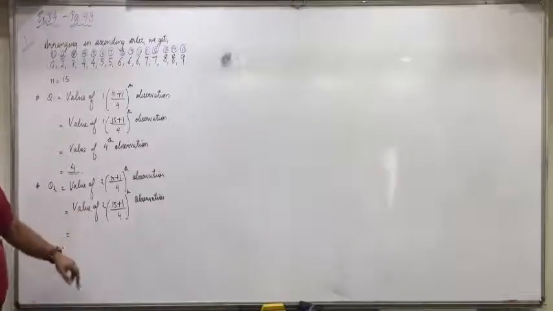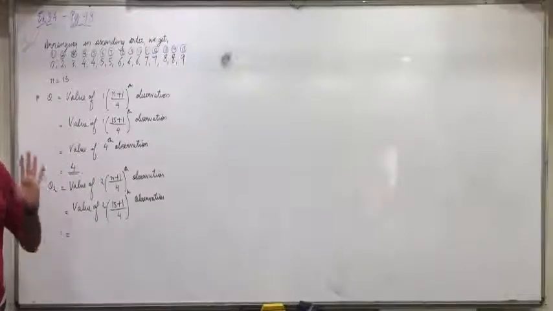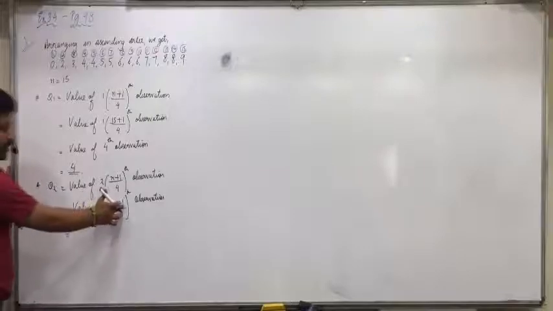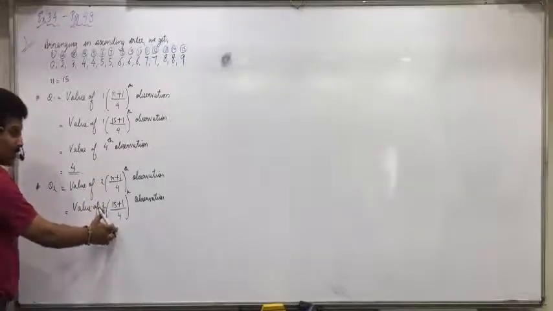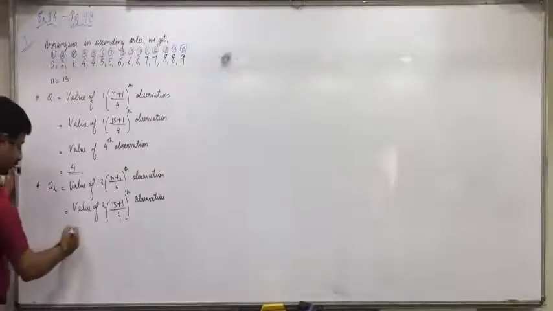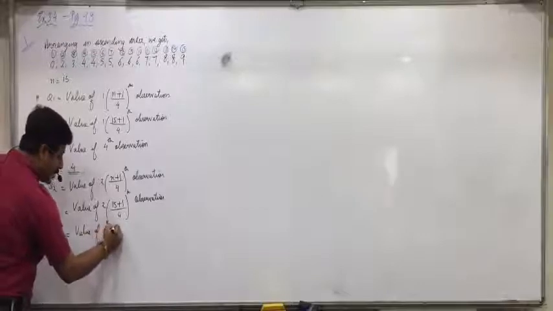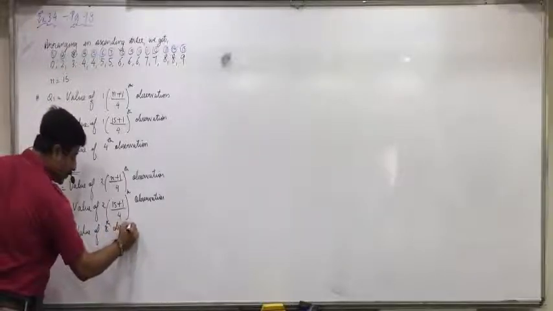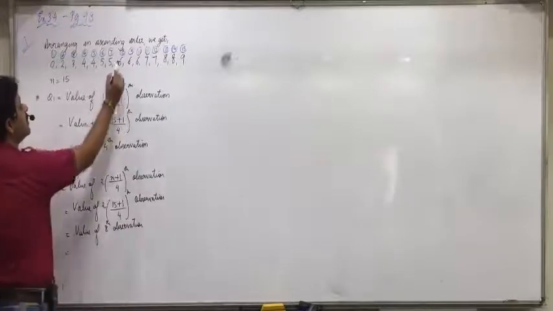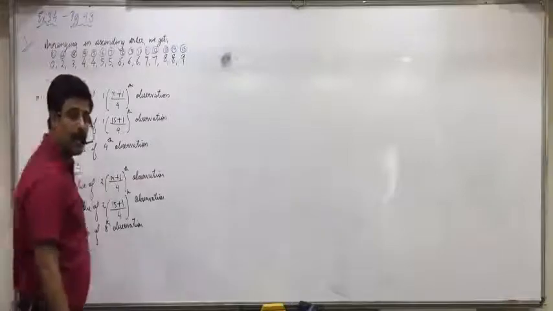It will become 2 into 15, 30. 30 plus 1, 31. 31 divided by 4, 7 point something. That will be wrong. First solve the bracket in the calculator. So in the calculator, 15 plus 1, 16 divided by 4 is 4. Into 2 is 8. Understood how to do it in the calculator, everyone? And value of 8th observation. Now, as we already marked earlier, see which is the 8th observation? 6. Any doubts on this?